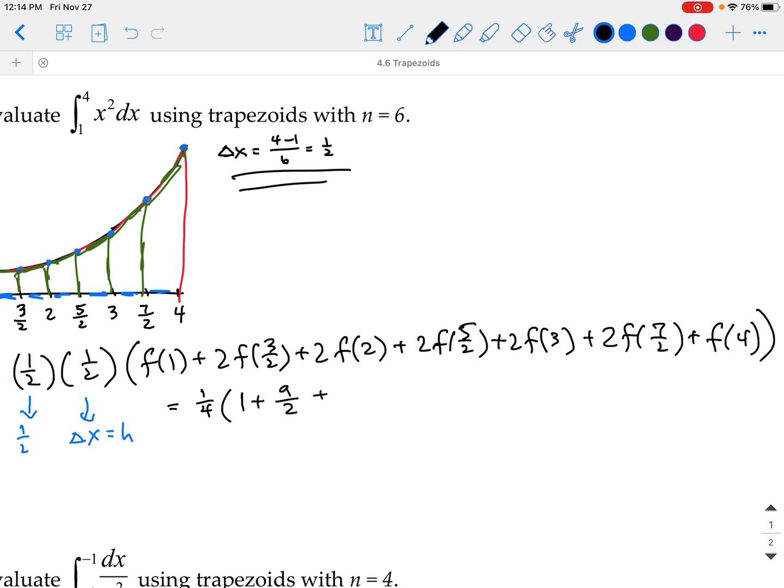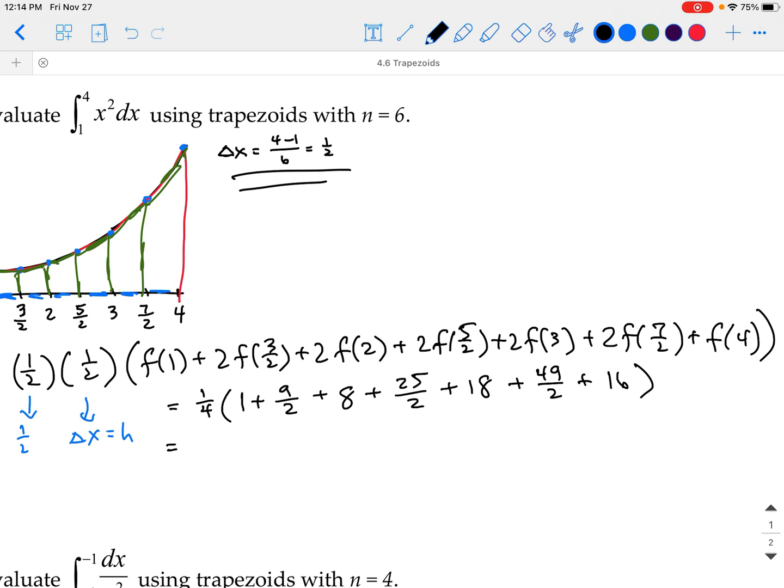And then 8 plus 5 halves squared is going to be 25 over 4 times 2 is 25 over 2, plus 9 times 2, which is 18, plus 7 halves is going to be 49 over 4 times 2, so 49 over 2, plus 4 squared, which is 16.